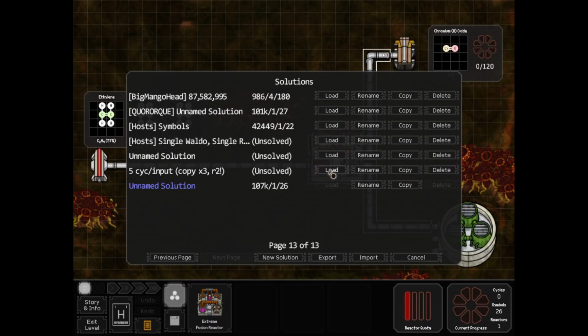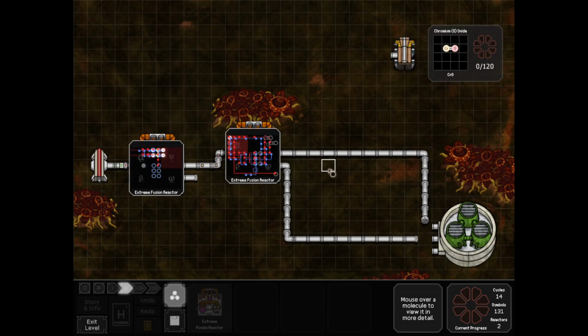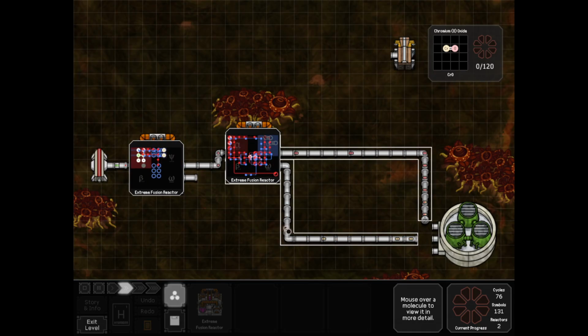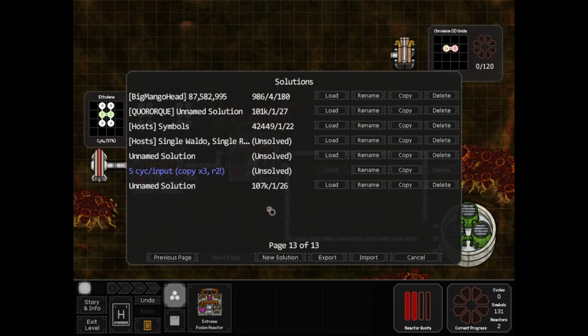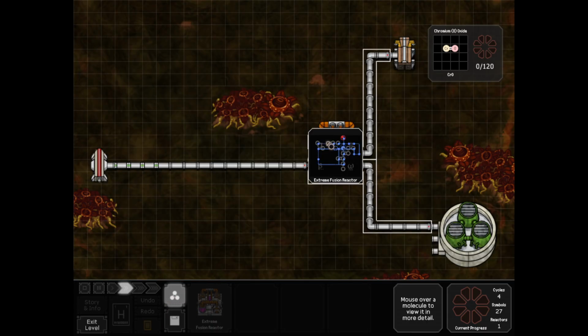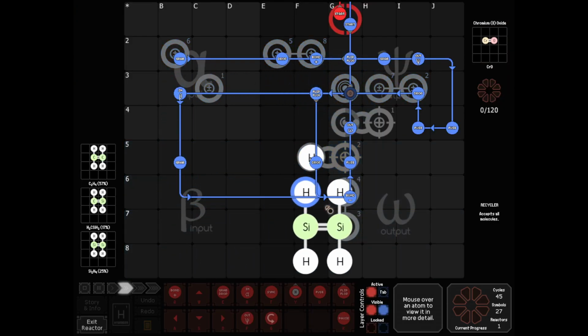And we had something that Big Mango Head was showing, what he was working on, but not necessarily a fun solution. So yeah, single Waldo symbol optimized.